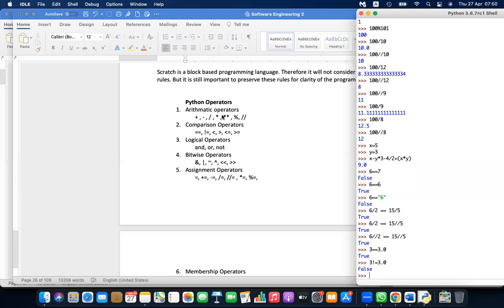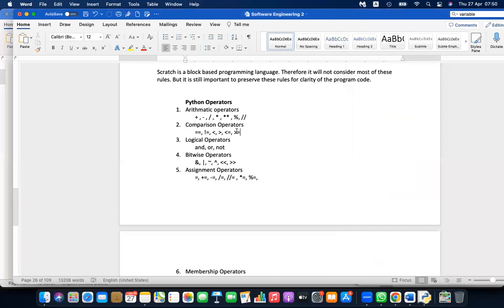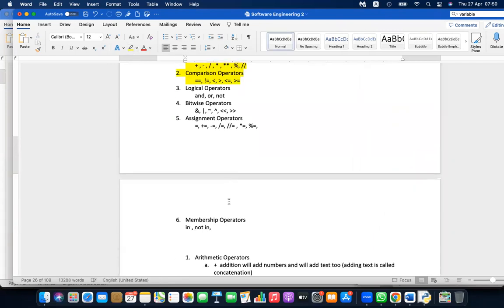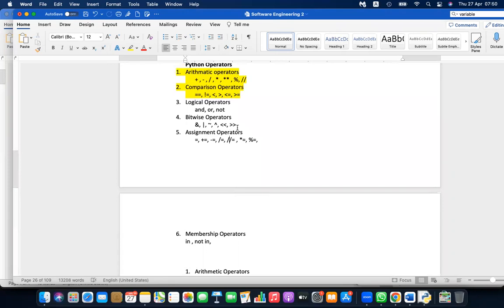We have already discussed arithmetic and comparison operators, and we need to discuss the other operators. Actually, we can discuss assignment operators as well. Let's finish that too. Then the remaining will be logical, bitwise, and membership.